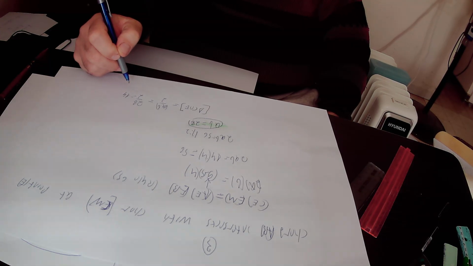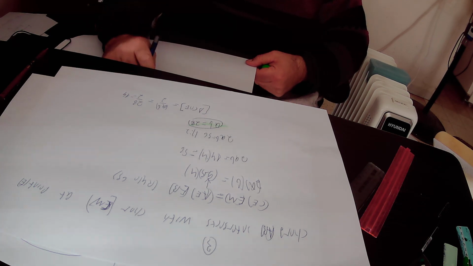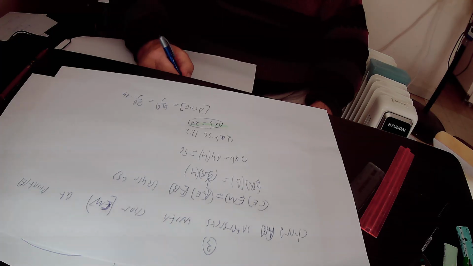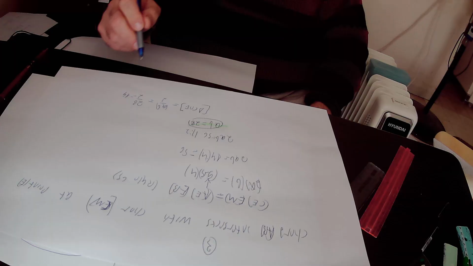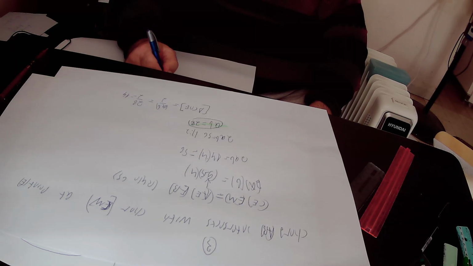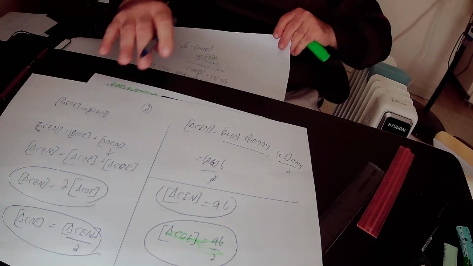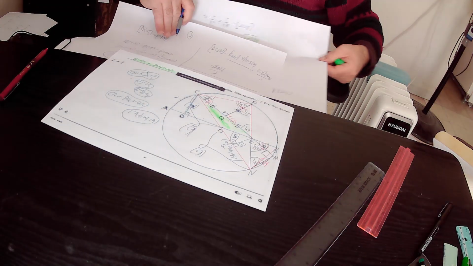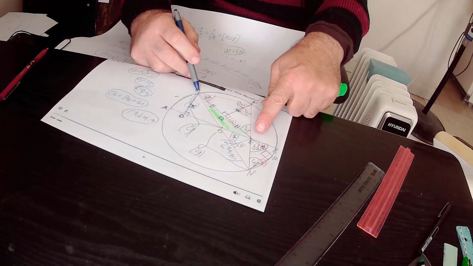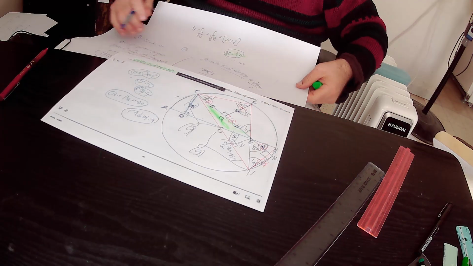So in total we found that the area of the green triangle COE is equal to 14 square units in size.